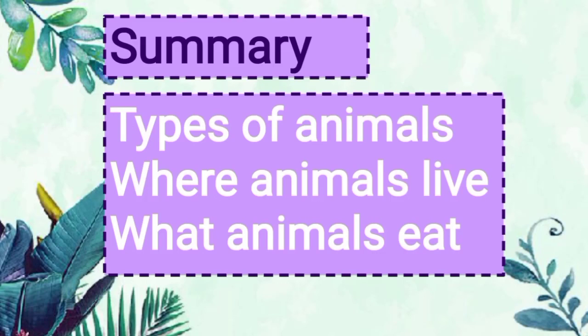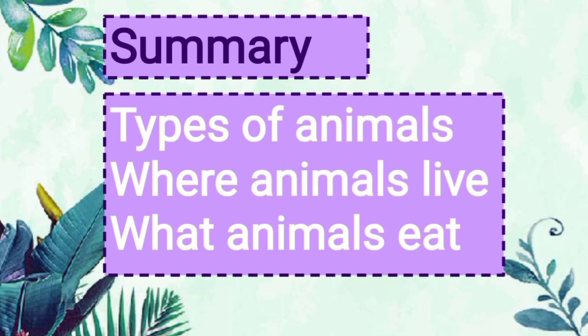So today we have learned that based on the presence or absence of a backbone, animals can be divided into two groups, vertebrates and invertebrates. And animals with a backbone, or vertebrates, can be further divided into groups such as fish, birds, amphibians, reptiles and mammals.